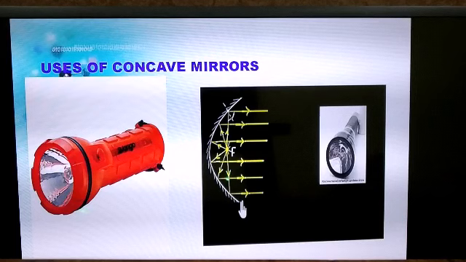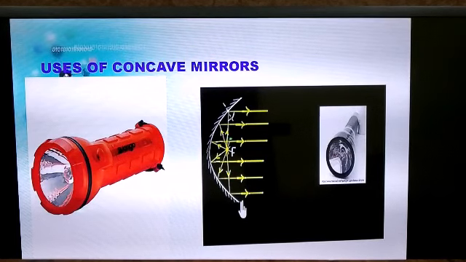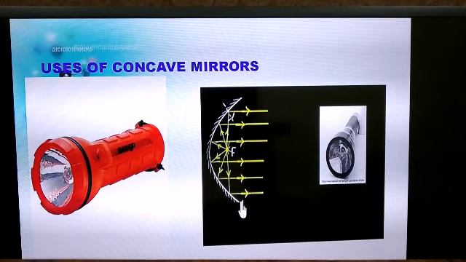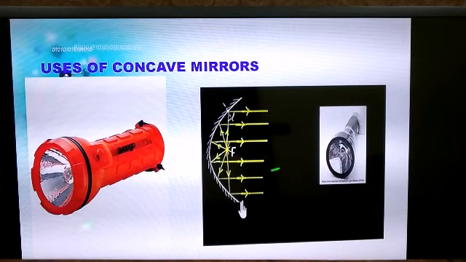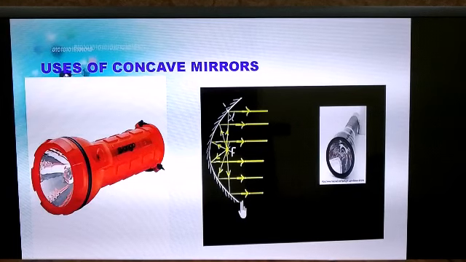And after reflection, you can see that they are traveling over a huge distance in the form of parallel beams of light, and that is why in torches the source of light is kept at the focus of the concave mirror so that the rays of light will travel parallel over large distances after reflection of light takes place.